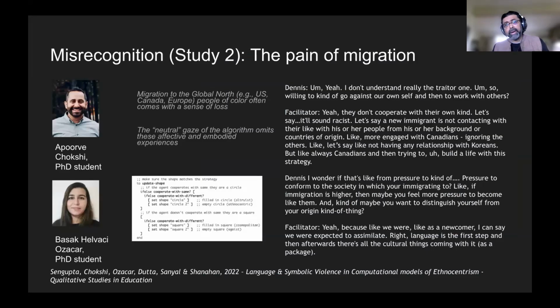And then as we started working with more people of color, this is Apurva Chokshi and Bashak Helvichi-Ozagar's work, also reported in the paper. And I will share links to the paper after my talk, right? What we found was it does matter a great deal that the code was written as entrapped in a white gaze.